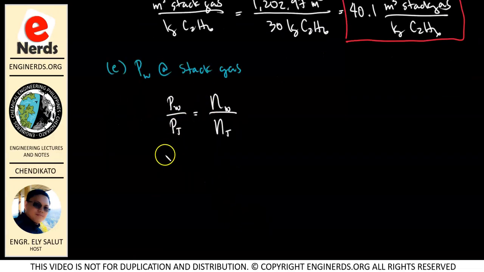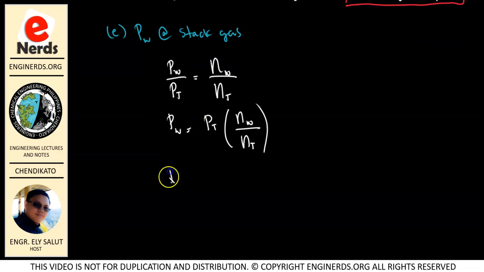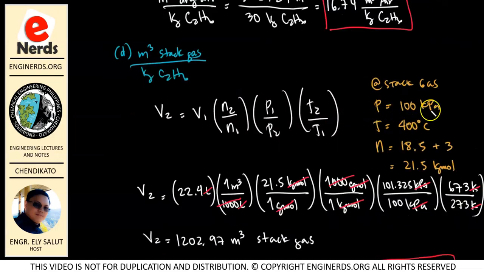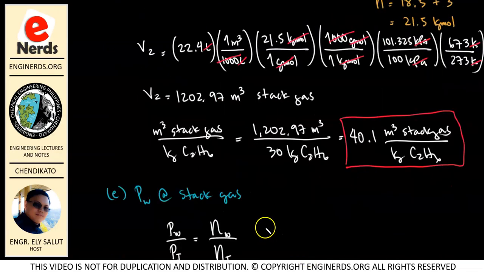So we need to get the partial pressure of water, right? So that means we have total pressure times number of moles of water over the number of moles total. Okay, so what's the partial pressure of water? Having that, our pressure total in our product, in our stock gas, we have it here, which is 100 kilopascal, diba?